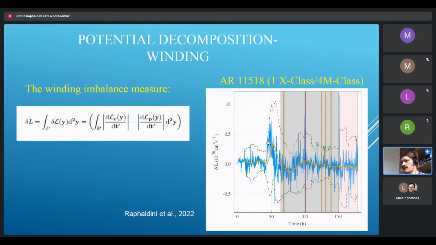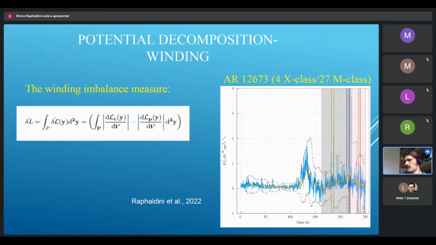We see that this bump of positive winding imbalance precedes the X-class flares by about 50 hours. We also see that just before these three M-class flares, there are peaks in the input of current carrying winding, and here we see a spike in this quantity a few hours before this flare.